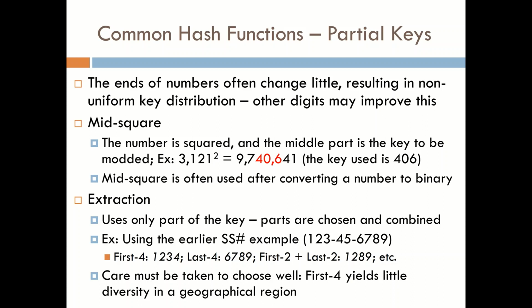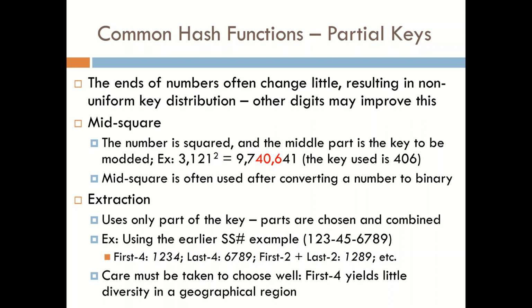So in the mid-square example, the data we're trying to store is the value 3121. We take that value and we square it. This is why it's called mid-square. And then we extract the middle part of it. In this case, the middle part worked out perfectly because this square has 7 digits, but it doesn't always work out evenly. Sometimes you have 6 and you have to decide what that middle piece looks like.